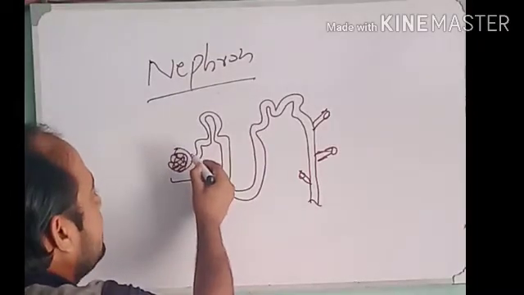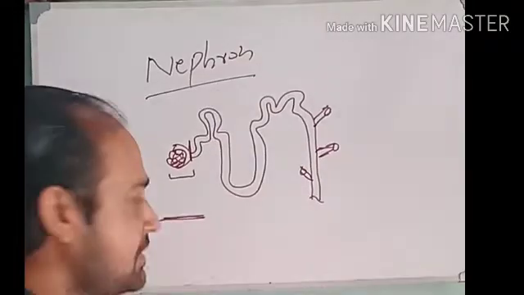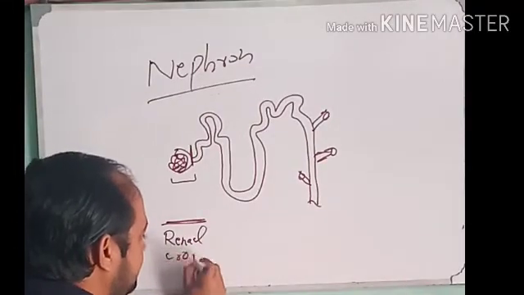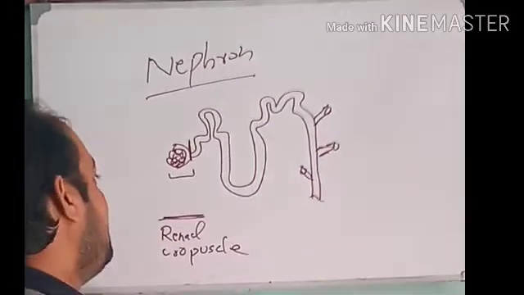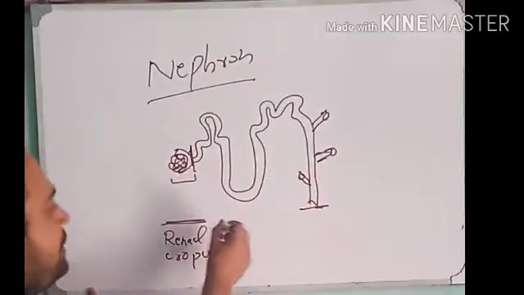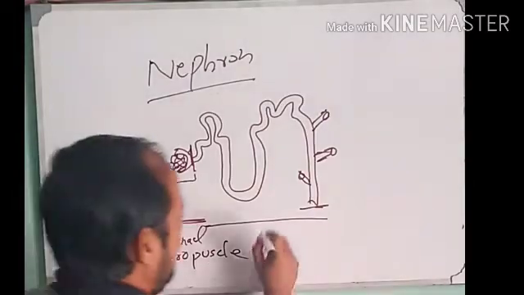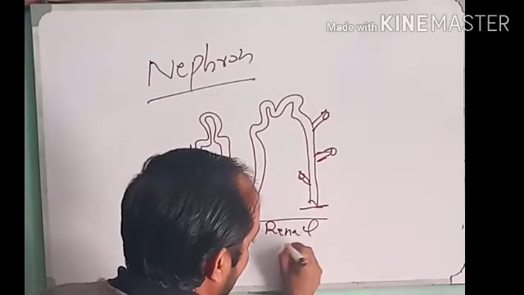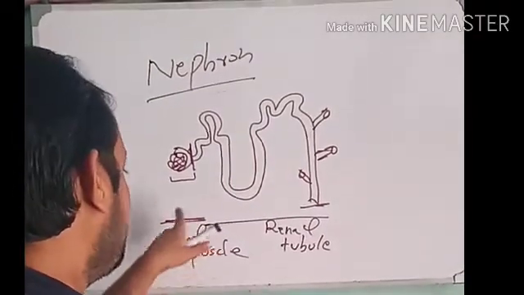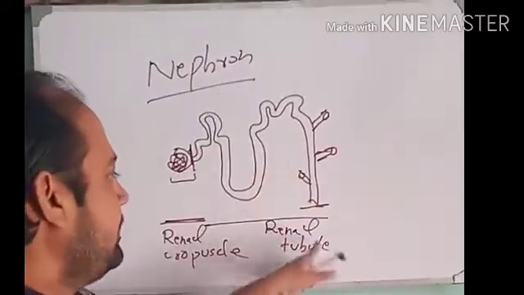This first part of the nephron is called renal corpuscle, and the part of the nephron starting from here and ending to here is called renal tubule. The non-tubular part, the first part of the nephron, is called renal corpuscle, and the tubular part of the nephron is called renal tubule.